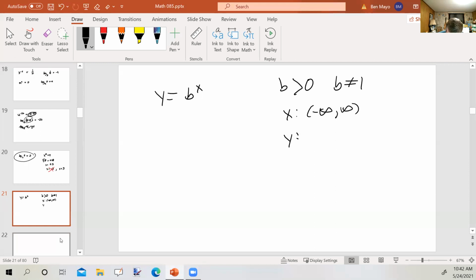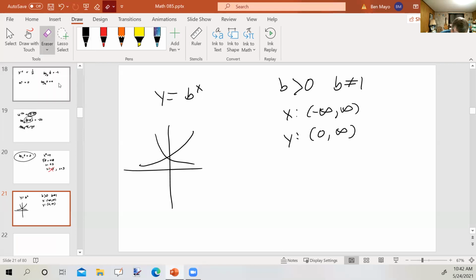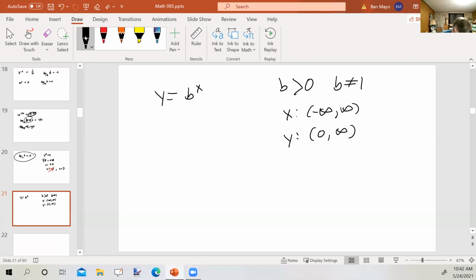The range had to be greater than 0. Remember on a graph when we had something like this or like that, the domain was all real numbers, the range was greater than 0. Okay, well, if that's true, let's take this, y equals b to the x, and let's write it as log base b of y equals x, okay?